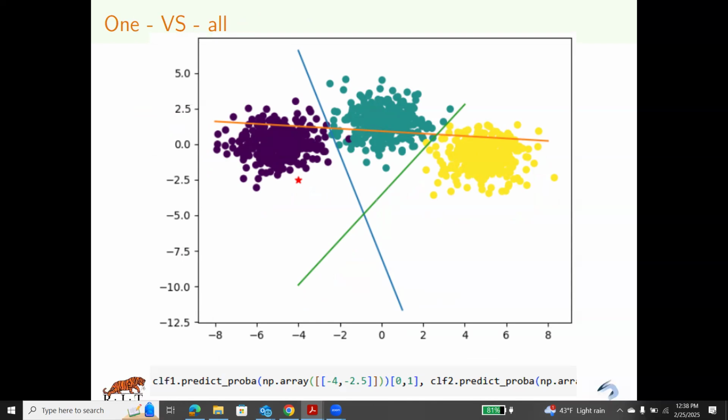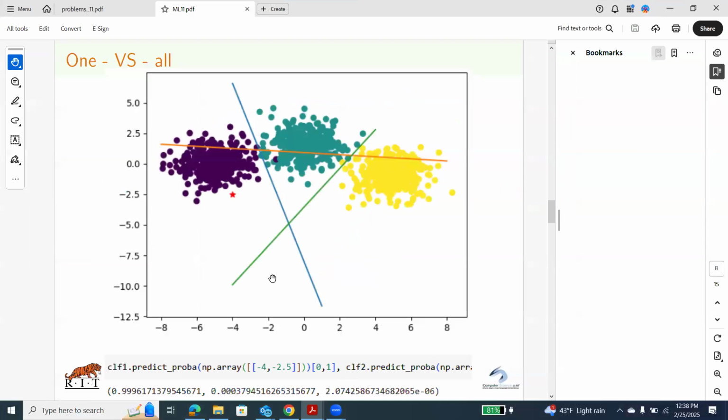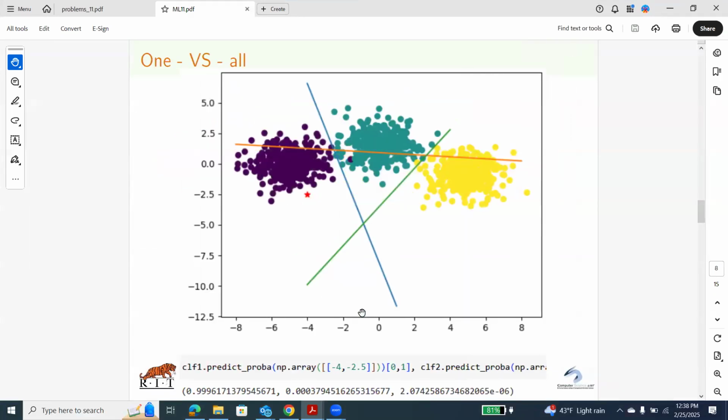We built three classifiers, three logistic regressions, I believe, because it predicts probabilities. The first returns the probability of this point belonging to the blue class, and the probability is 0.99.